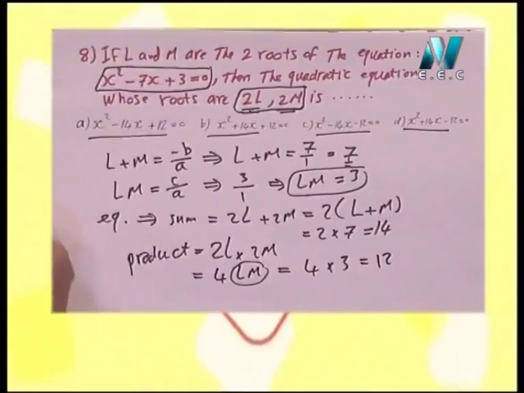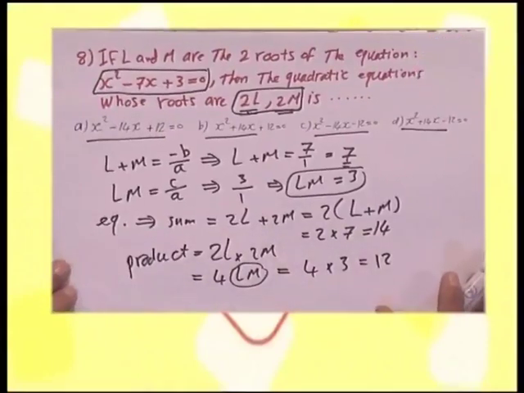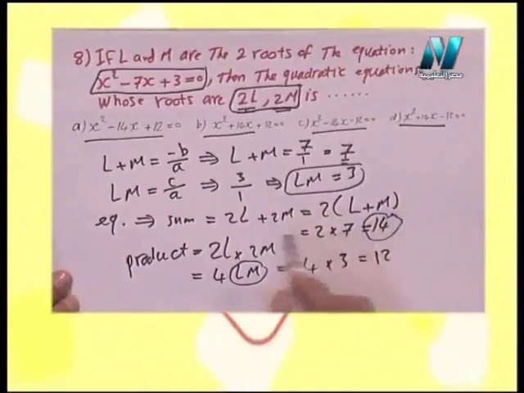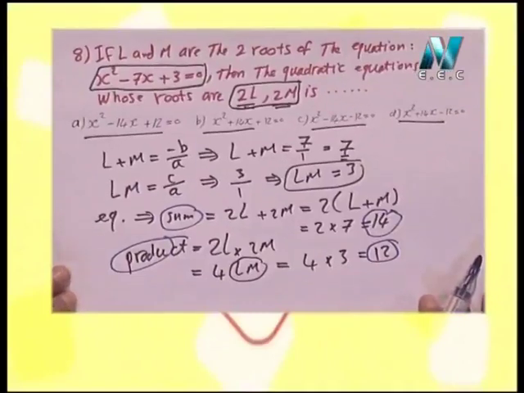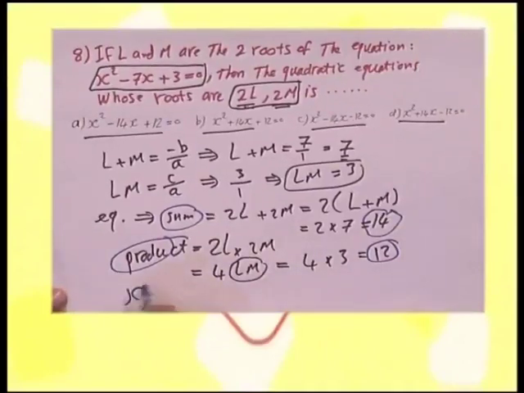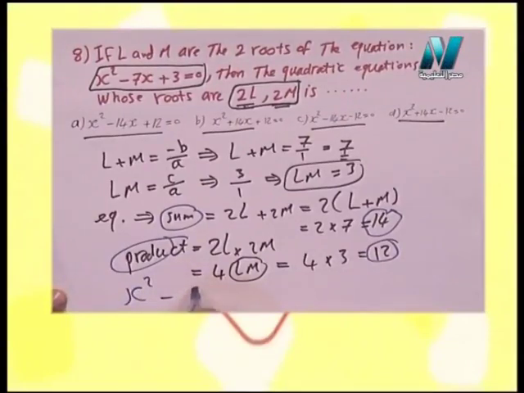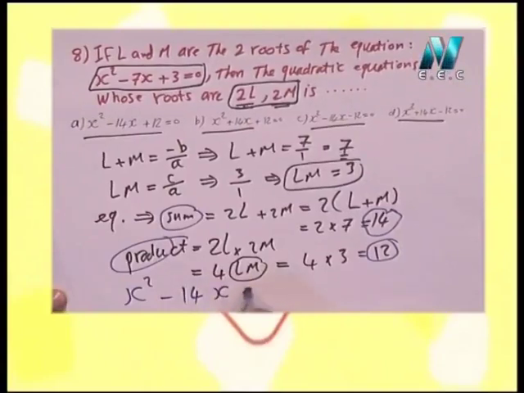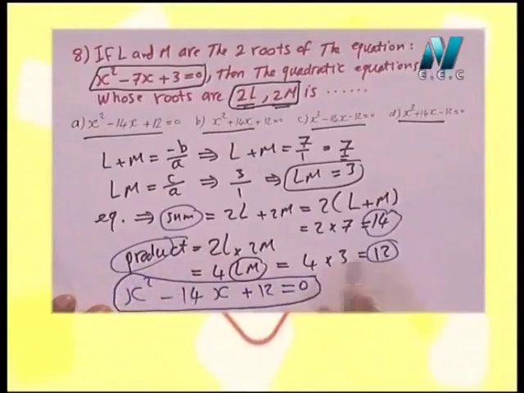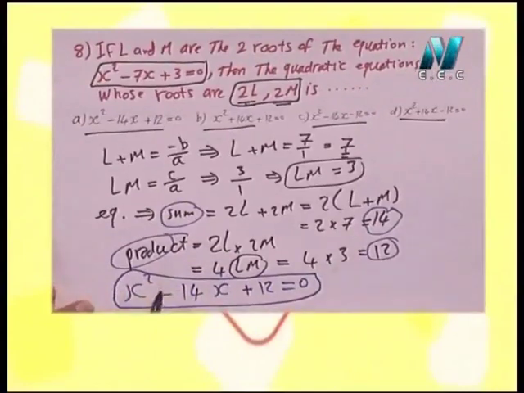So we have the new equation: the sum equals 14 and the product equals 12, and we know the rule that x power 2 minus the sum multiplied by x plus the product equals 0. So the new equation equals x power 2 minus 14x plus 12 equals 0.